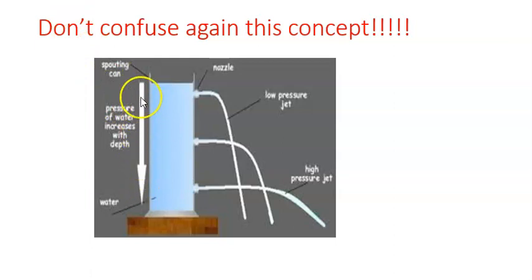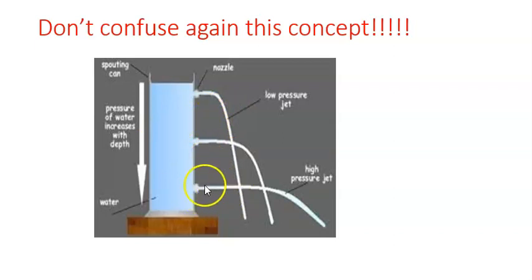Like in this one, once you go deeper, the pressure will be higher. That's why the hole at the bottom has a higher pressure than the one at the top. This is a cylindrical tank with three holes, made in order to show which pressure is higher than the other.